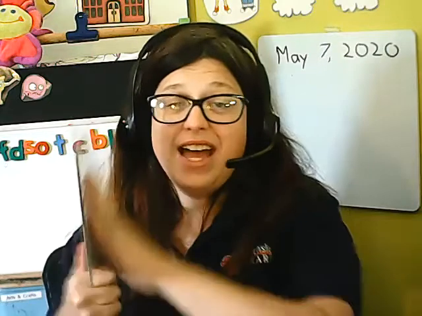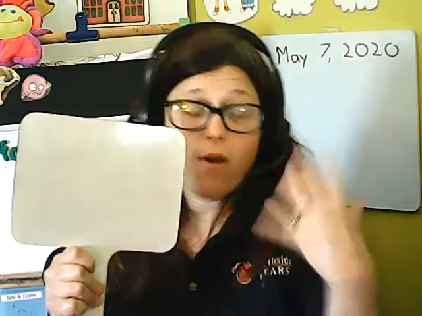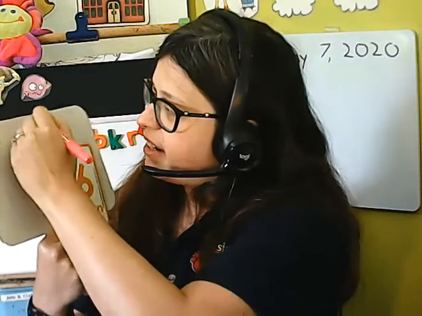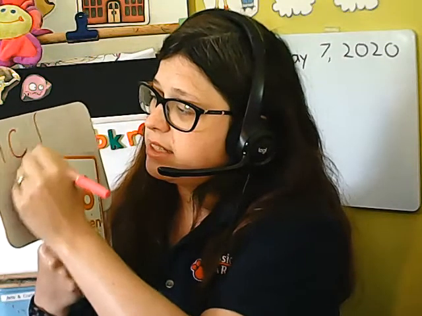And then I want you to play around with your cards, your manipulatives, whatever you are using, and your whiteboard, and work on some numbers on your own. The last number I have pulled up is the number 16. It's a 1 and a 6.